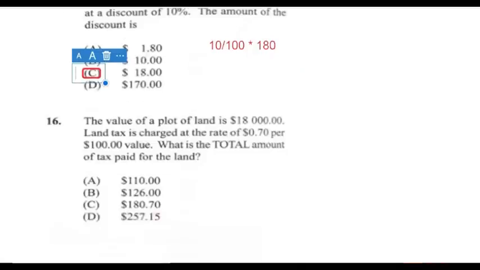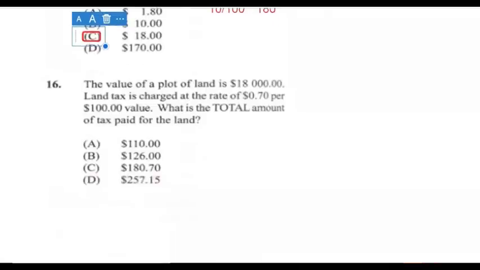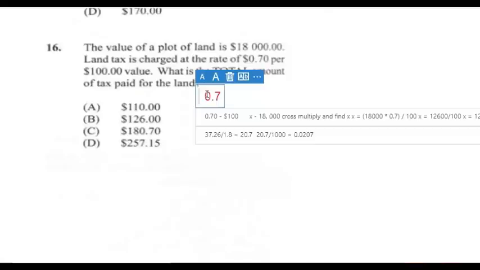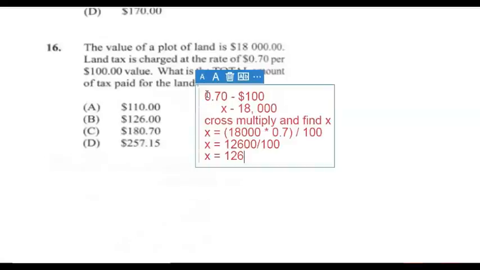16. The value of a plot of land is $18,000. Land tax is charged at the rate of 70 cents per $100 value. What is the total amount of tax paid for the land? So what we're looking at is 70 cents to every $100. So what we're trying to find is how much money is being charged on $18,000. So again, cross multiply and solve for x.